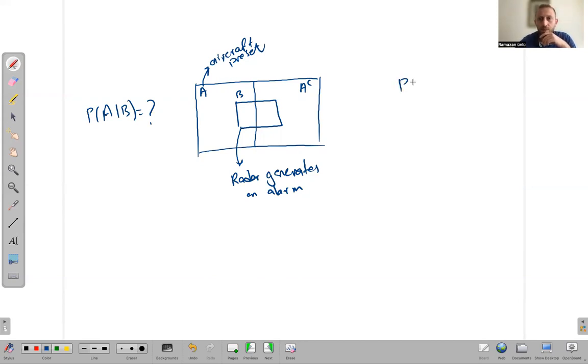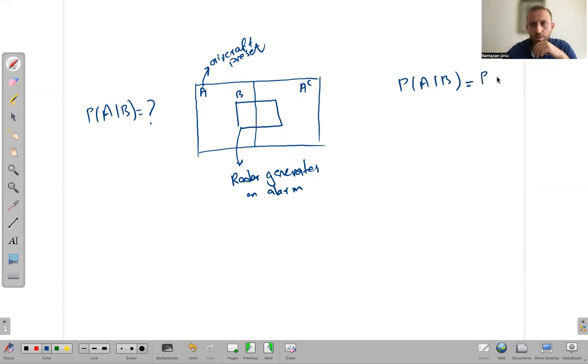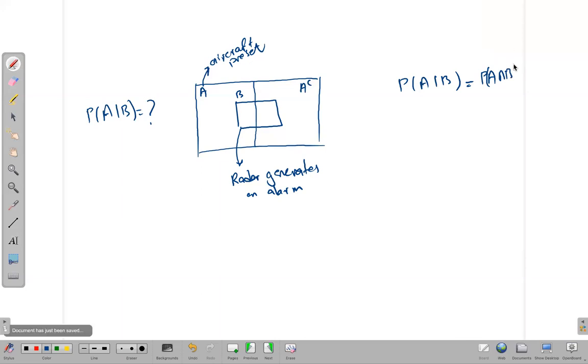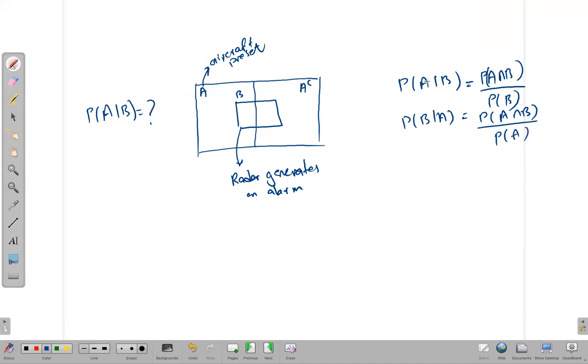The probability of A given B is the probability of A intersect B divided by the probability of B. And the probability of B given A is equal to the probability of A intersect B divided by P of A. Okay, so we will use this one.